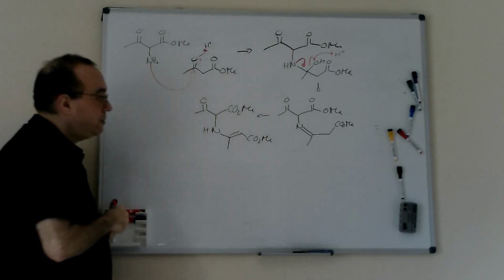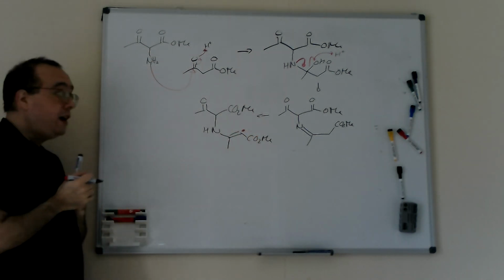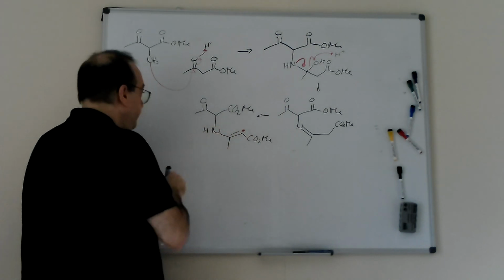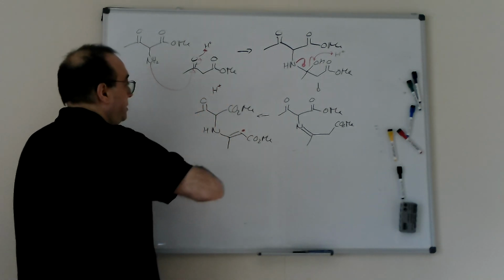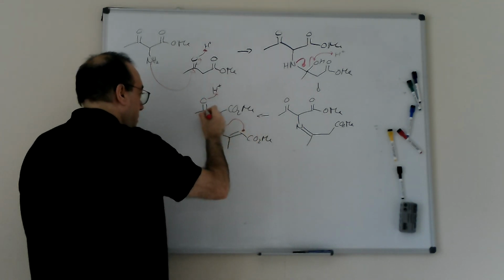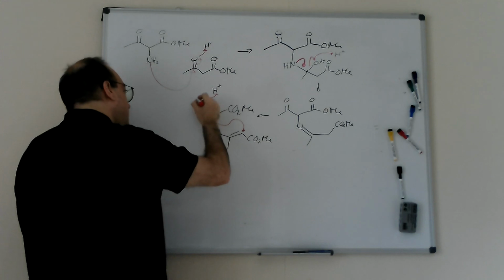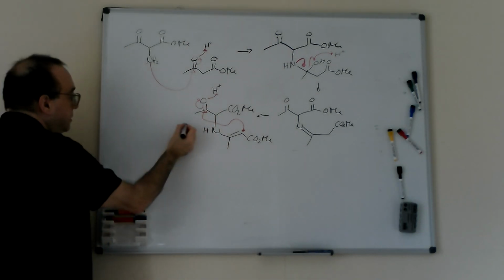And then remember, when we form an enamine, this position becomes nucleophile and will attack the carbonyl compound that previously we activated with a proton. This is an intramolecular aldol reaction.